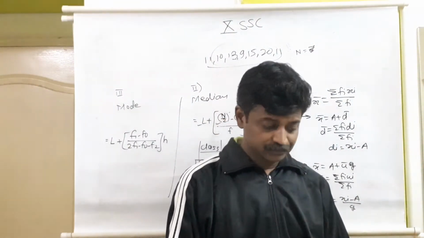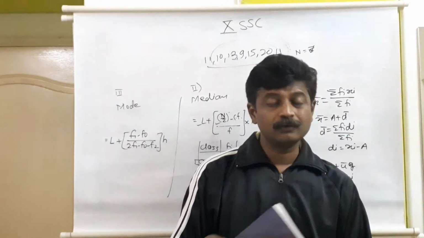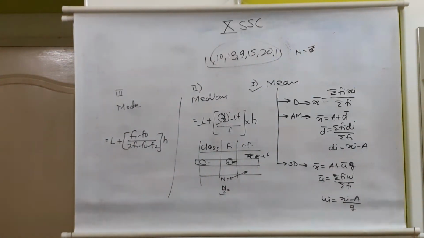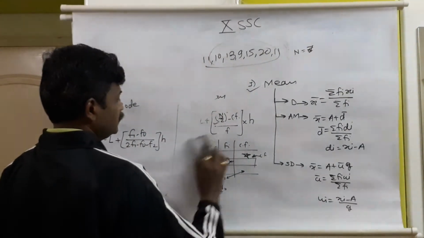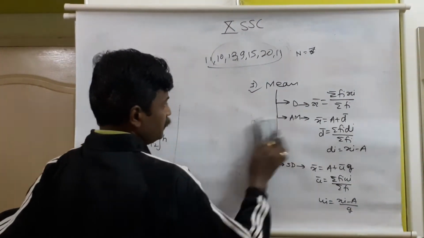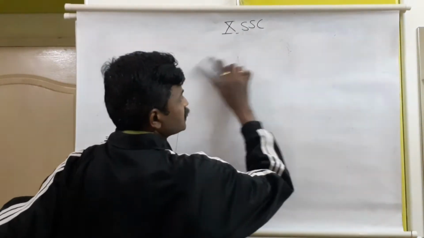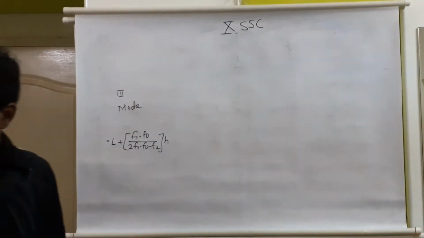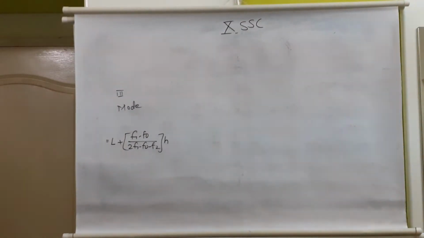We will continue with the first solved sum, page number 147, to find the mode for group frequency distribution, the third measure of central tendency in statistics. We will write the table given on page 147 for the first question, and then put in the values. The important part is to keep the formulas in mind. If the formulas are proper, then everything can be clear to you.